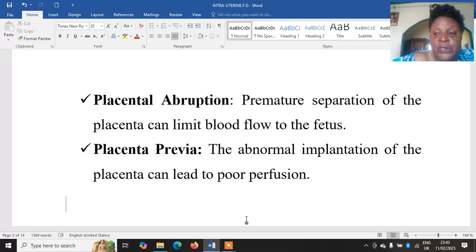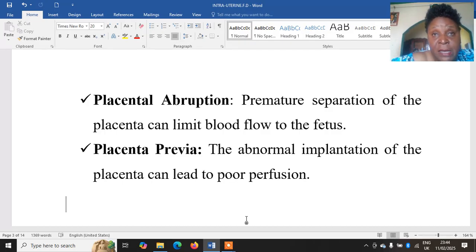That is getting nutrients from the maternal side to the fetal side, and vice versa for excretion. But when this placenta separates, due to very many causes, it can be sickness, it can be an accident, anything can cause a premature separation of the placenta.